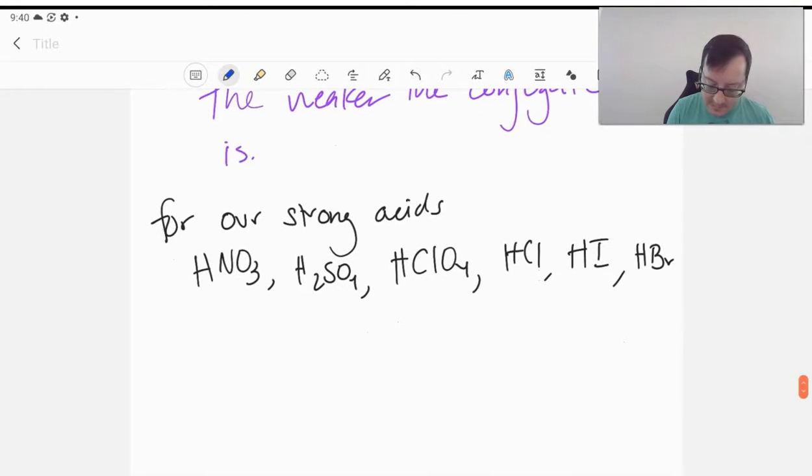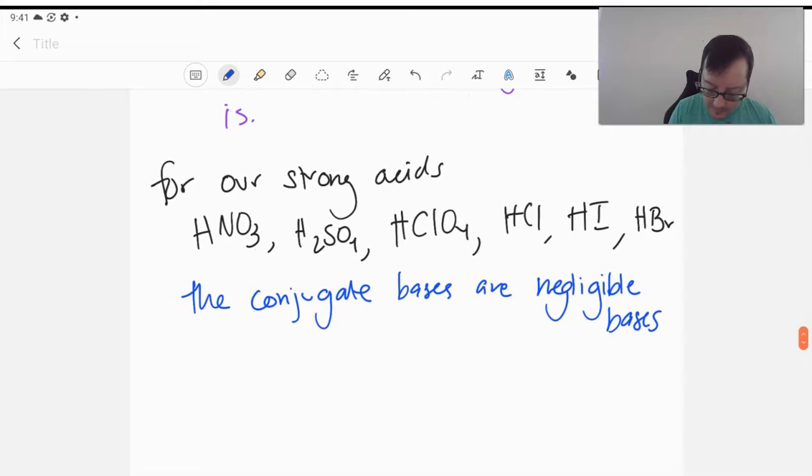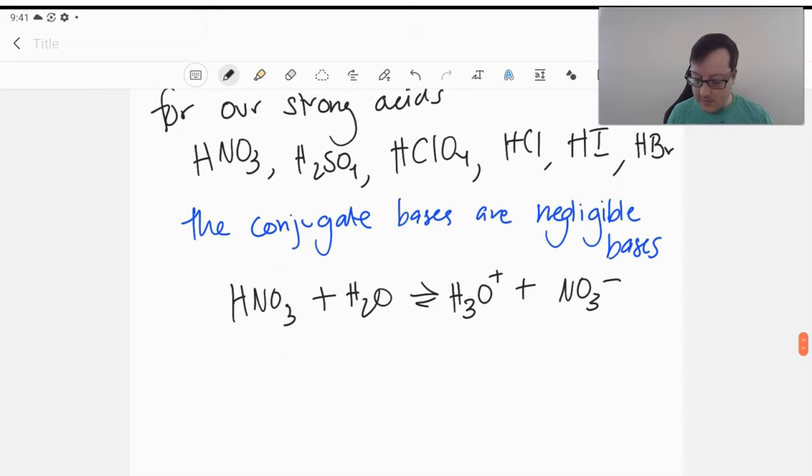So, for strong acids, the conjugate bases are negligible bases. Meaning that if we say HNO3 plus water turns into H3O+ and nitrate, this is not really an equilibrium.